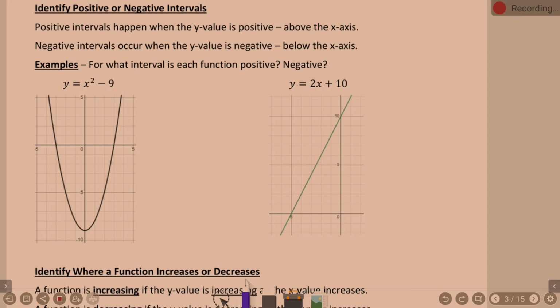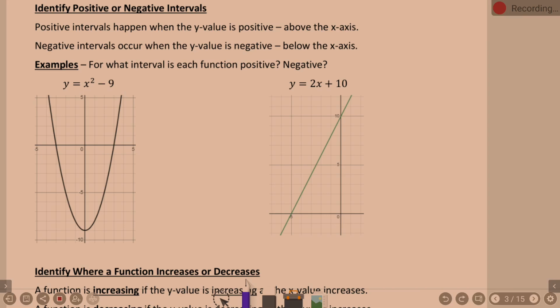Okay, our next topic here is identifying positive and negative intervals. So where is my graph considered positive and where is my graph considered negative? If you look up there, there's a little bit of information. Positive intervals happen when the y value is positive. Well, when is the y value positive? Think about when the y-axis is positive. And the y-value is positive when we are above the x-axis.